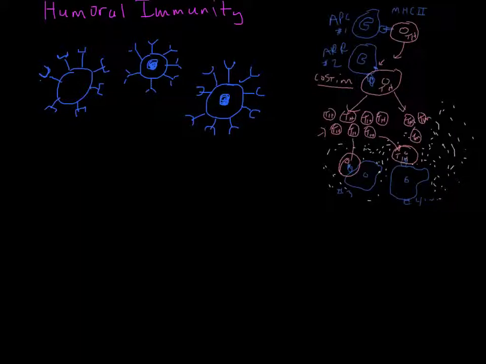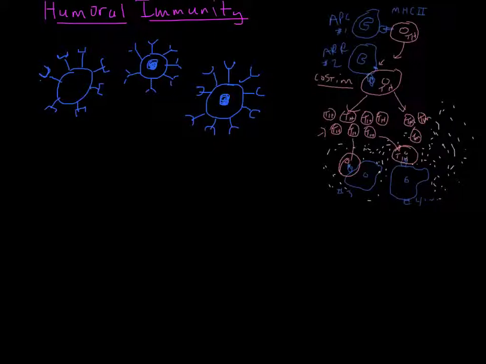Over here you can see that I have drawn some B lymphocytes. Their cell membranes are just absolutely covered with receptor sites, and all of the receptor sites on each B cell are specific to one antigen.